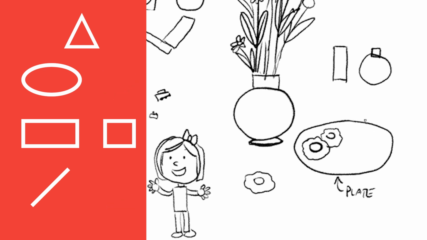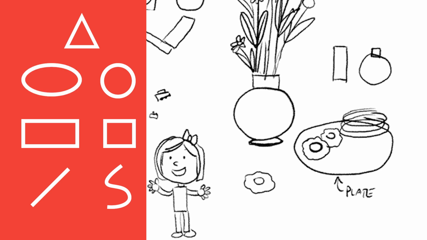Okay, how do we draw pancakes? Yeah, so we just make a bunch of ovals. And then we can erase the middle.